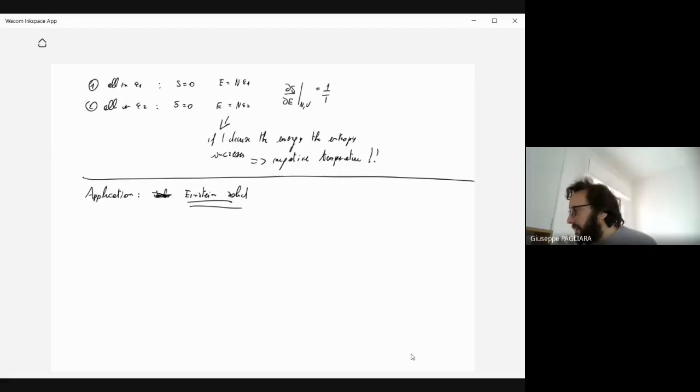So basically the idea is to consider a crystal with, let's say, 3N, because we are in 3 dimensions.